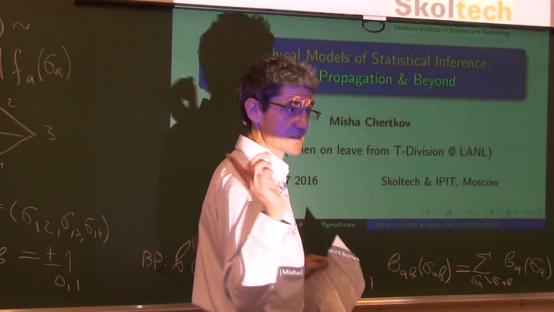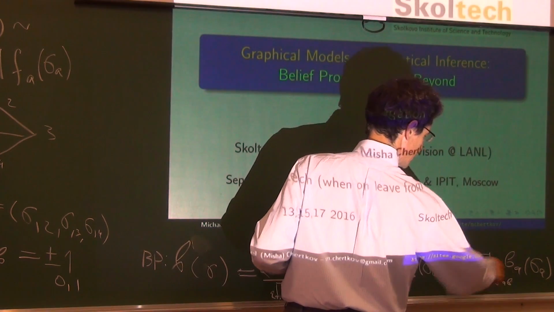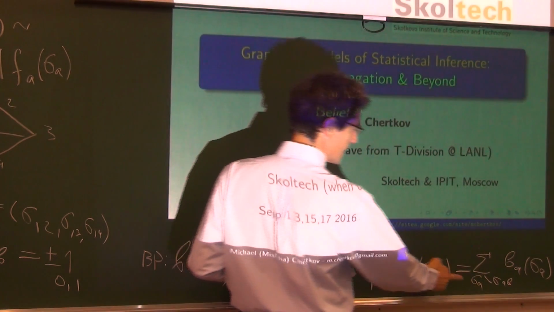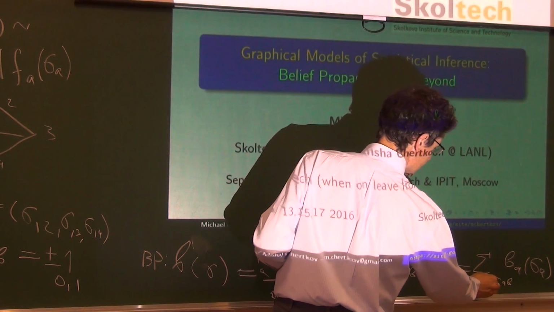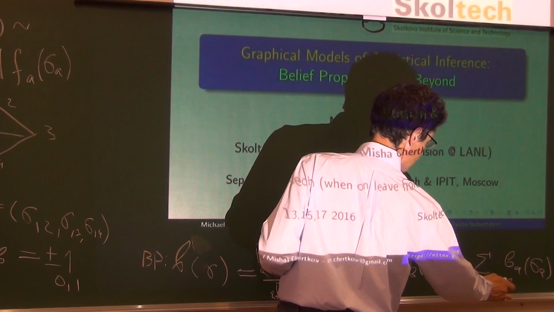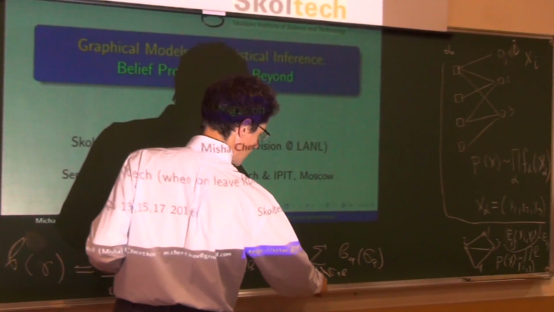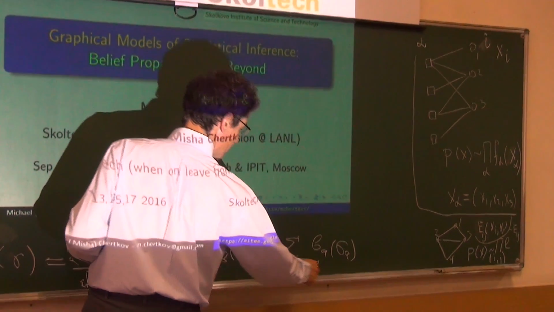Well, I already got a question from Alek about this notation, so let me restate what this notation means: it's the set minus sigma A, set minus sigma B. It means that I fix, so this is a bigger vector, and this one is a component of this vector.